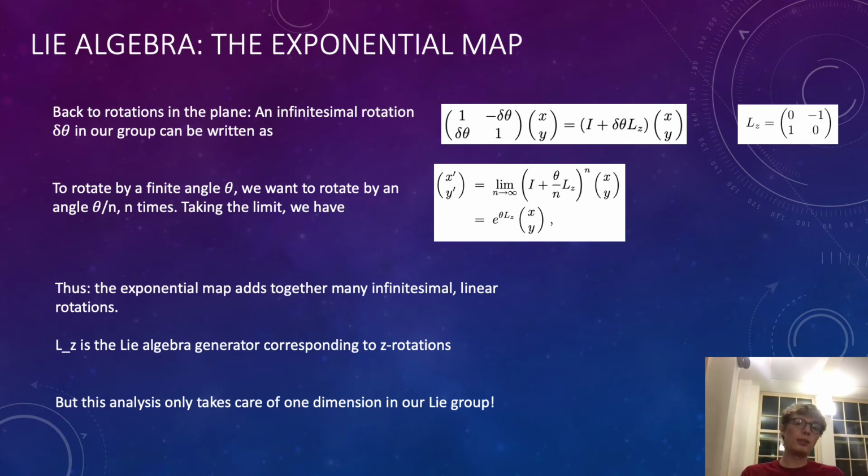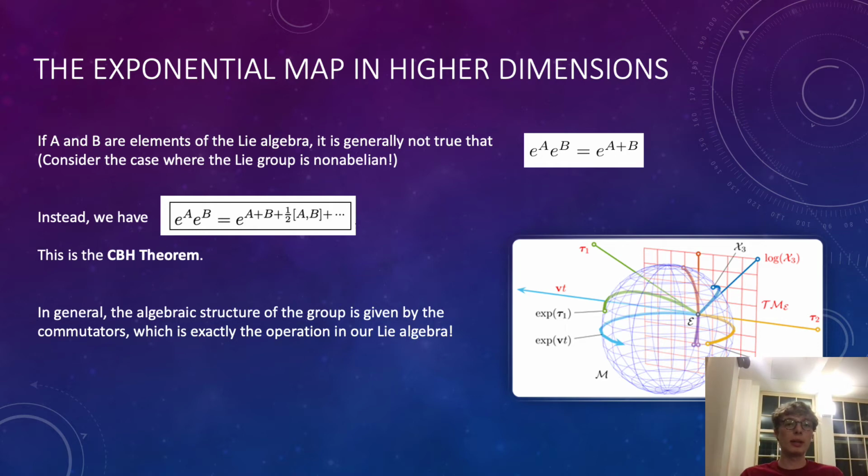But this analysis only extends to one dimension in our Lie group. So what if we have higher dimensions? If A and B are elements of our Lie algebra, it's not generally true that e to the A times e to the B equals e to the A plus B. We could see that that's true in our circle group, for example, where we're just working with real numbers.